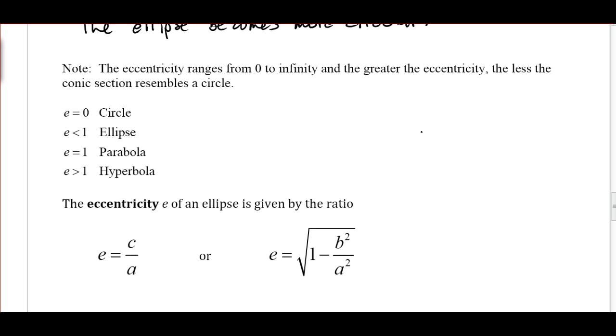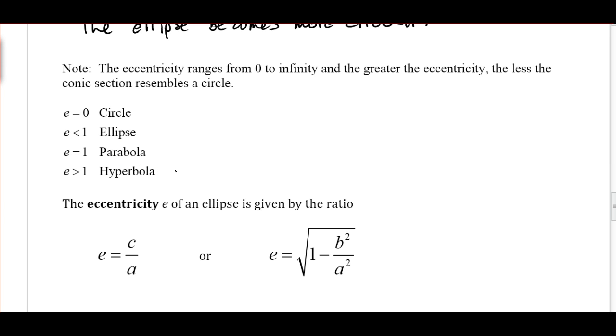Eccentricity ranges from 0 to infinity, and the greater the eccentricity, the less the conic section resembles a circle. Closer to 0 is a circle. If it equals 0, it is a circle. If it's less than 1, it's going to be an ellipse. If it's equal to 1, it's going to be a parabola. And if it's greater than 1, it's going to be a hyperbola.